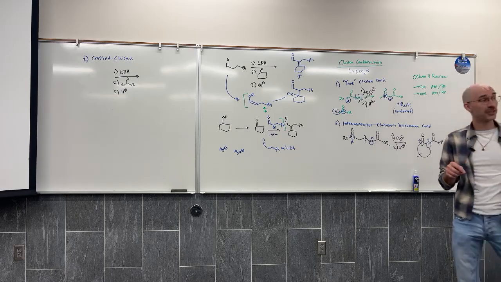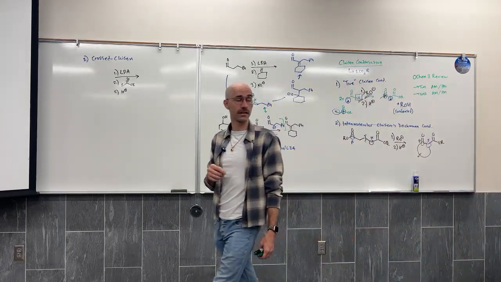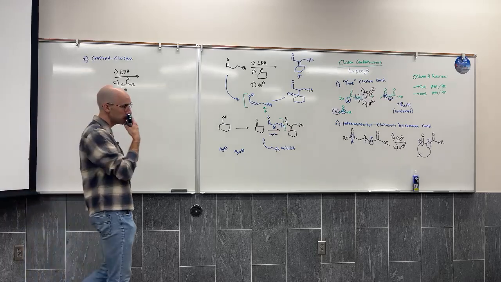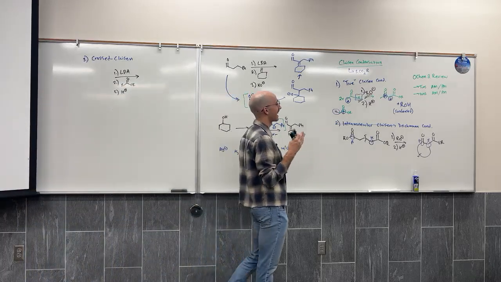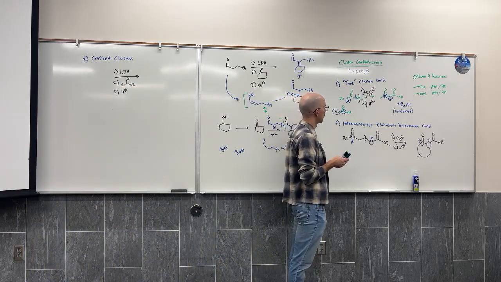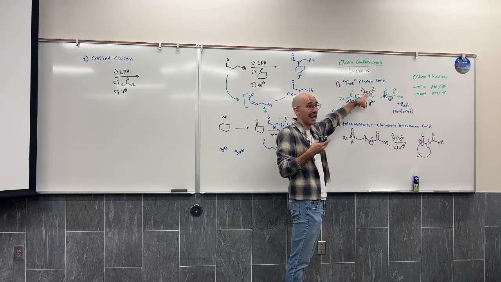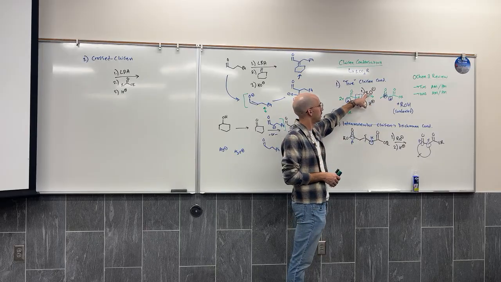We did not have to do that acid workup with aldol condensations, but we need an acid workup with Claisen condensations. The Claisen condensations are catalyzed by this base, a lot like how aldol condensation is catalyzed by hydroxide.